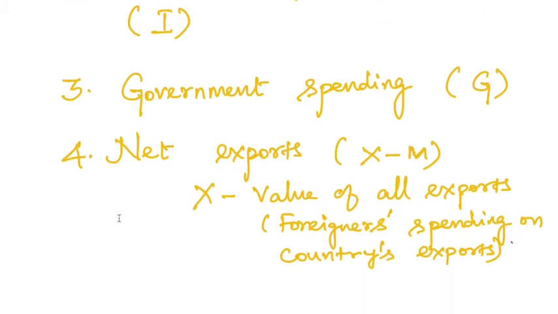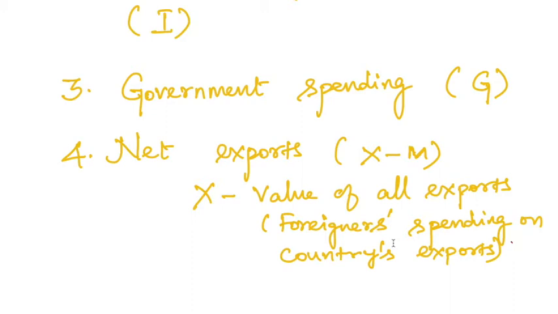And the last component here is net exports. Here we take exports, which is denoted by X, and imports. X is the value of all exports, which is nothing but foreigners spending on our country's exports. For example, if you are exporting diamonds from Surat, foreigners are spending money on your exports.